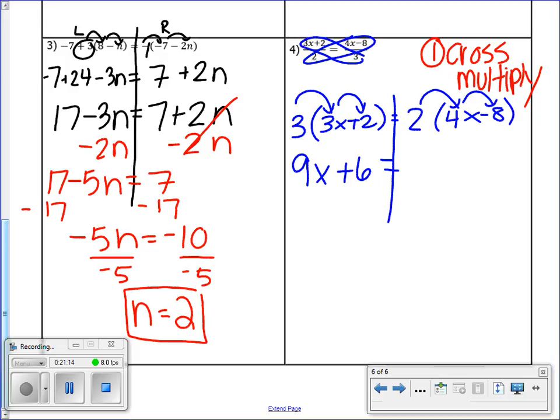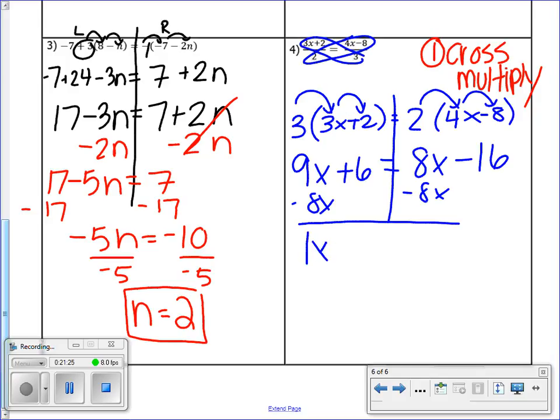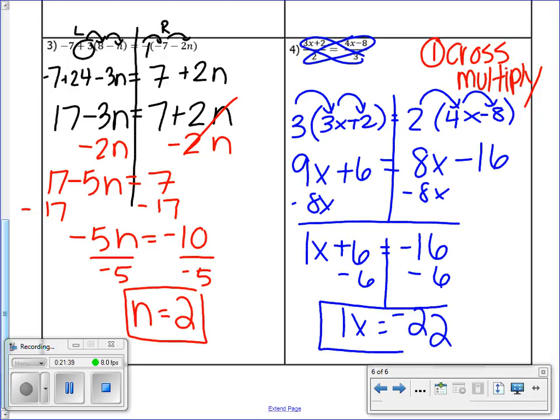So I get 8x minus 16. Now, letters left, subtract 8x. So I get 1x plus 6 equals negative 16. Numbers right, subtract 6. 1x equals negative 22.